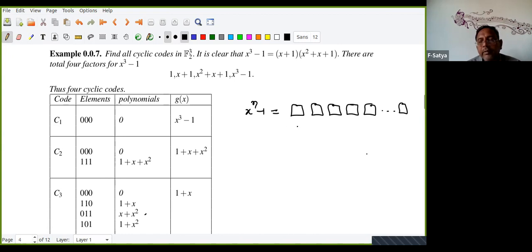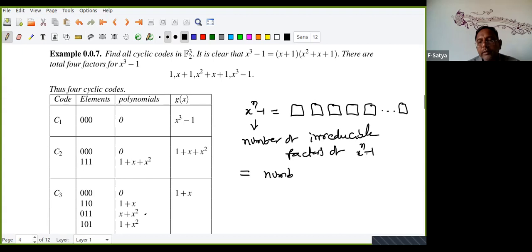The number of irreducible factors of x power n minus 1 is equal to the number of cyclotomic cosets.